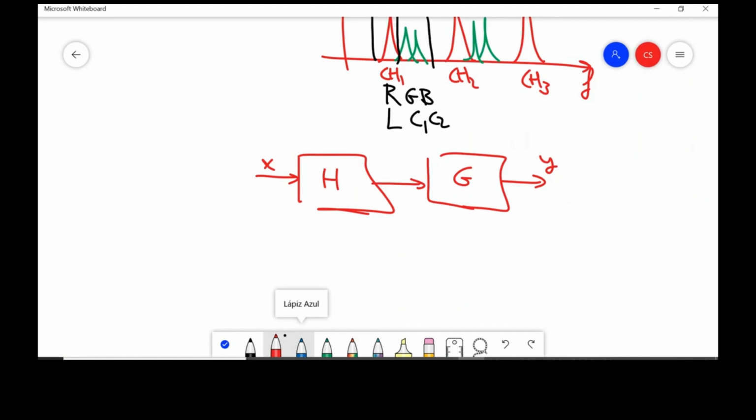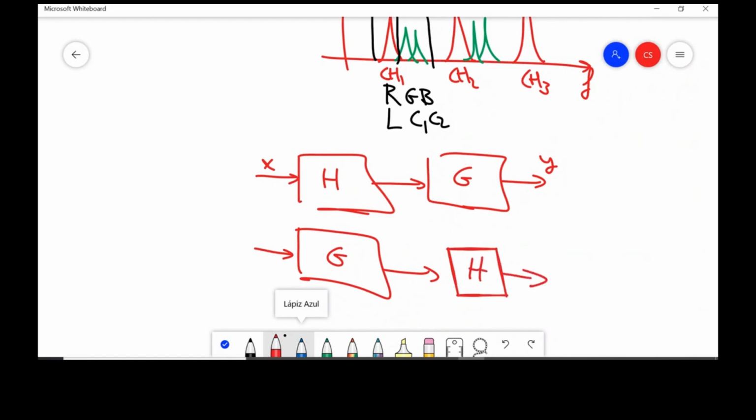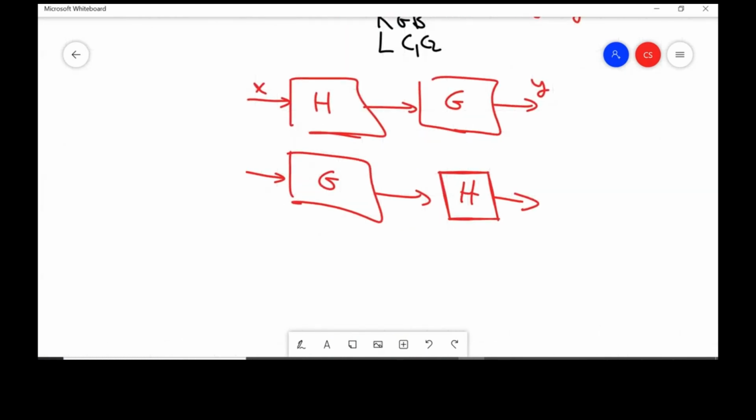So if H and G are linear, then I can reverse this order and I would get the same, but only if H and G are linear, because otherwise the systems do not commute.